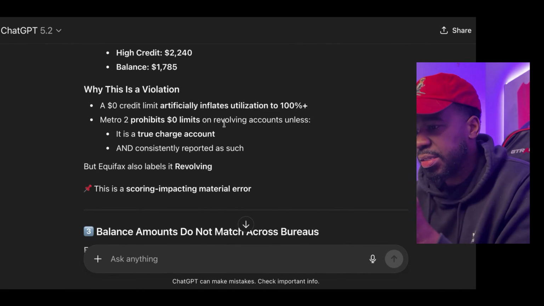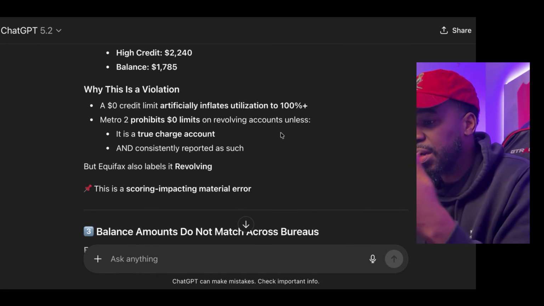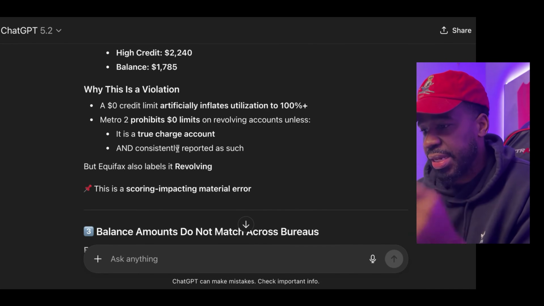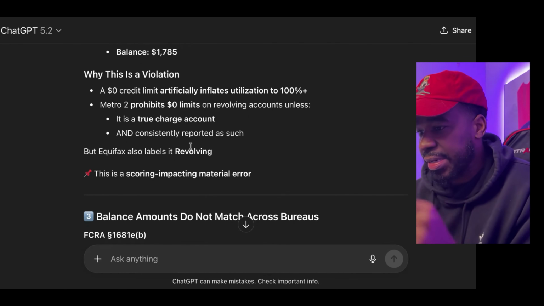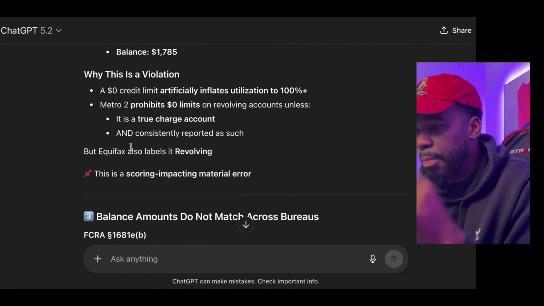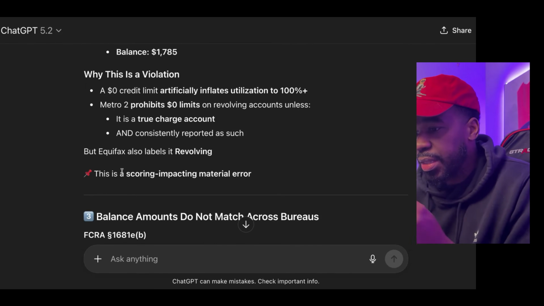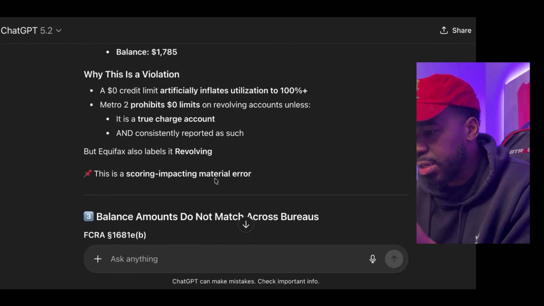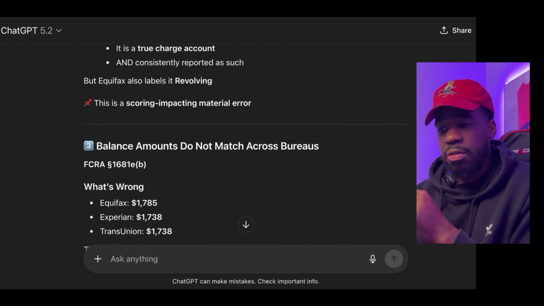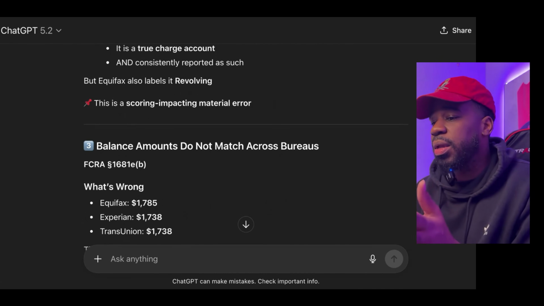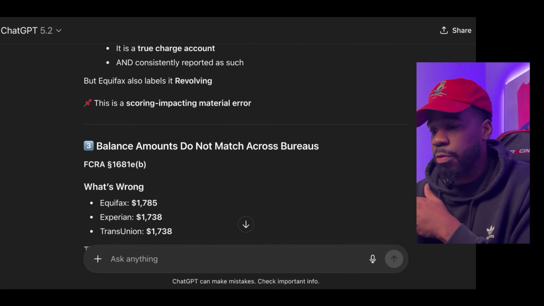Metro 2 prohibits zero limits on revolving accounts unless it's a true charge account and consistently reported as such. But Equifax also labels it revolving. This is a scoring-impacting material error, all right?